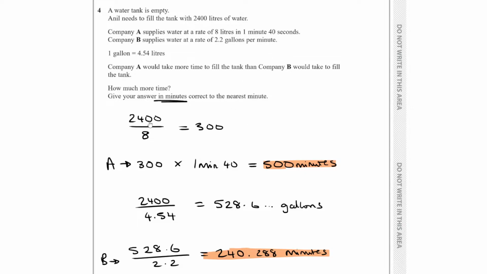So I want to find out, because the question is in terms of time, isn't it? The actual question is asking how long it takes. I just want to work out how long would that take in total. So I did 2,400 litres divided by 8, and that gave me the 300. Right, so that's basically 300 lots of 8 litres, isn't it? And every 8 litres, it's a minute and 40 seconds. So that's why it was 300 lots of 1 minute 40.